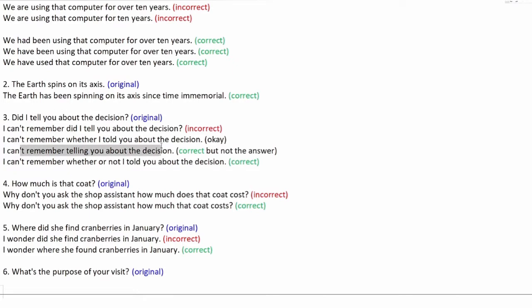However, over here in this one, they already know, but you can't remember telling them about the decision. Therefore, it's not the correct answer, even though the sentence is correct. So the correct answer is, I can't remember whether or not I told you about the decision. That means you don't know whether they know the decision or not.